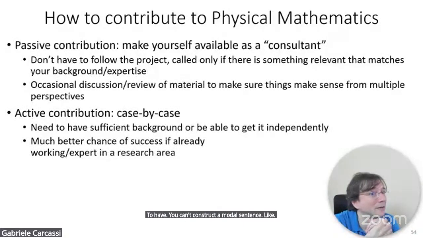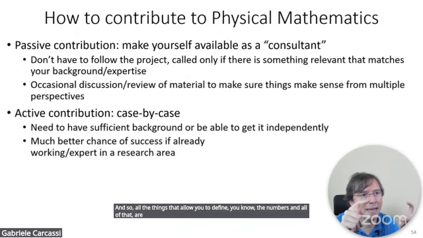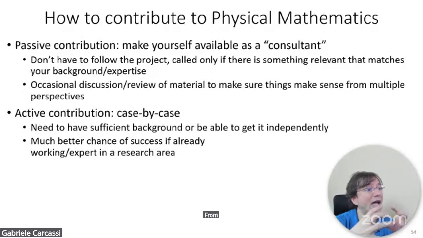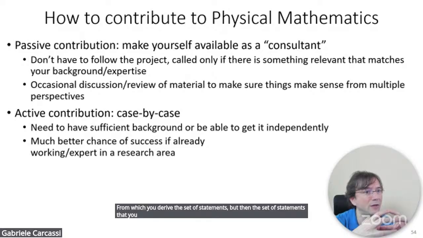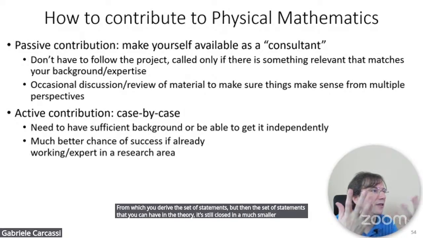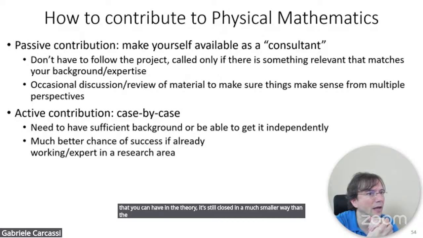All the things that allow you to define the numbers and all of that are sort of meta constraints, which are the assumptions from which you derive the set of statements. But the set of statements that you can have in the theory is still closed in a much smaller way than what Gödel's theorem would allow you to do.